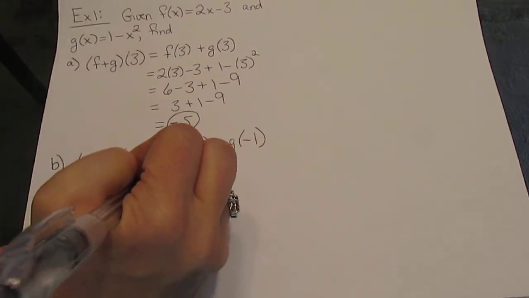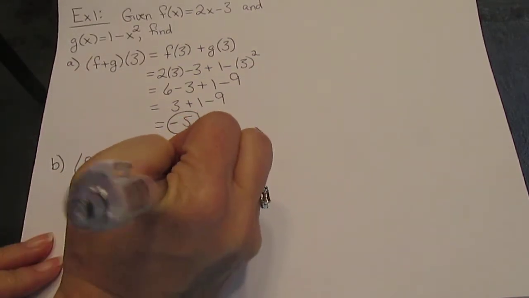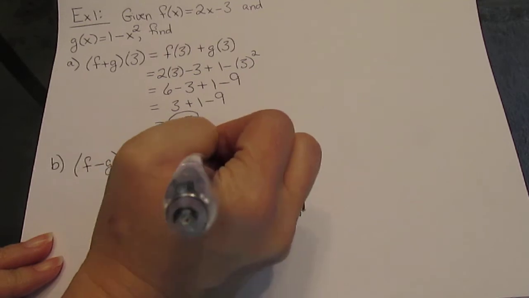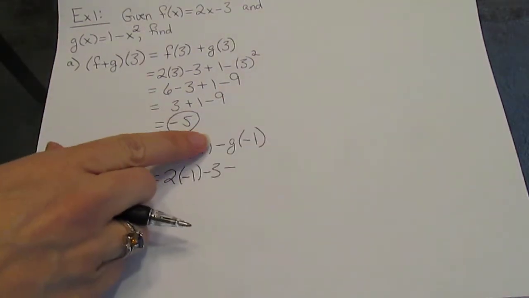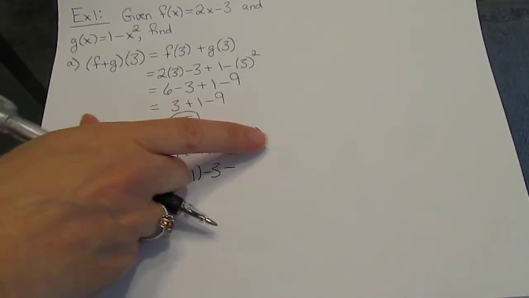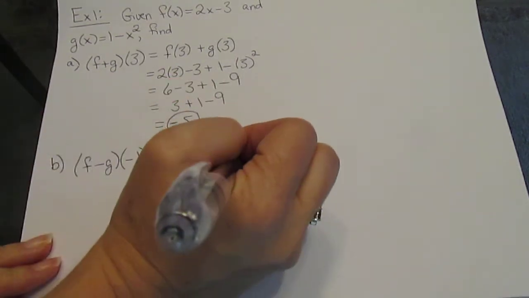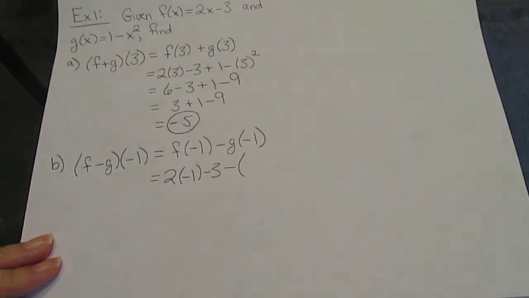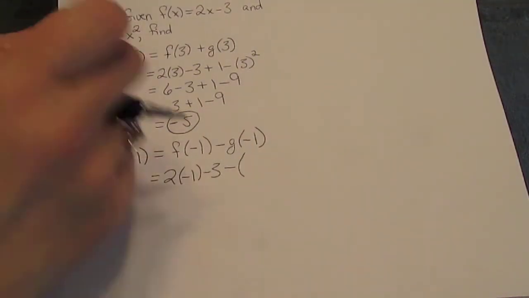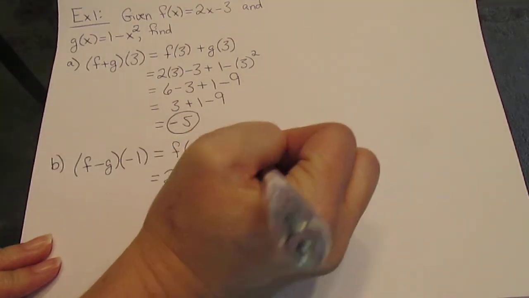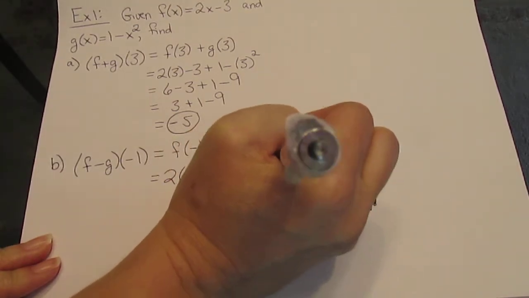So we've got 2 times negative 1 minus 3. Minus, be careful when there's a minus sign because we want to subtract all of this. So it's best if you put parentheses after your minus sign here. And then we'll plug negative 1 in for x. So we've got 1 minus negative 1 squared.